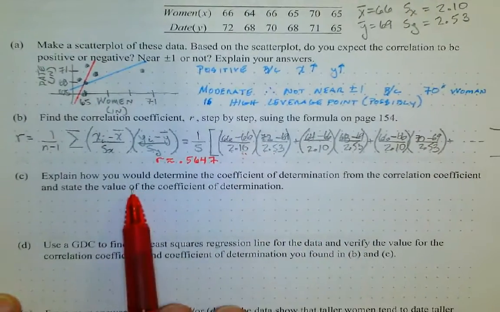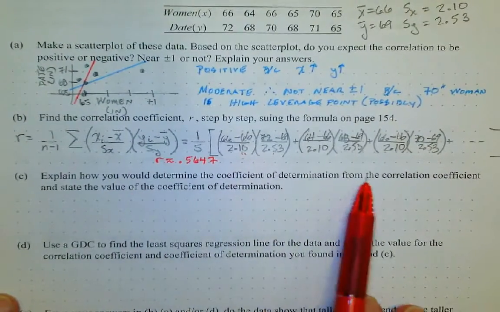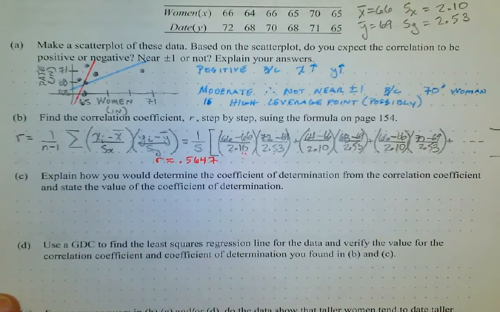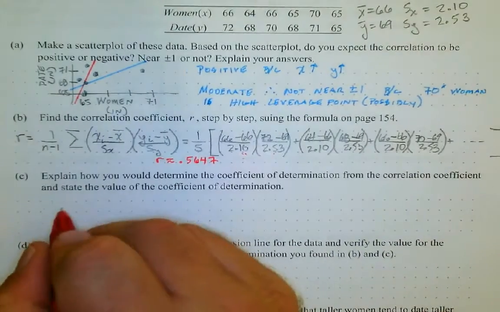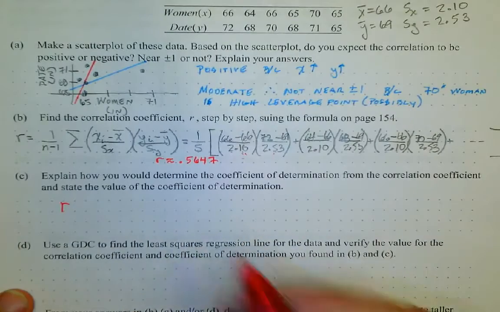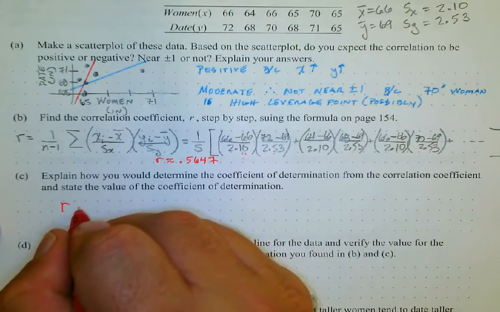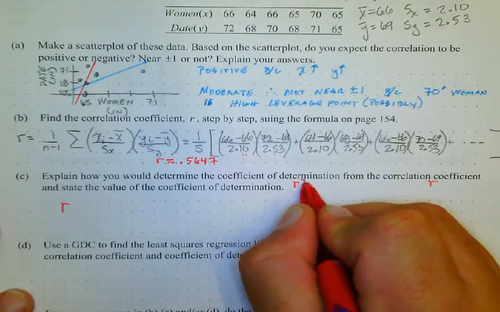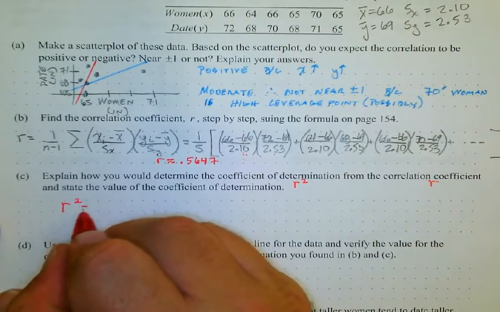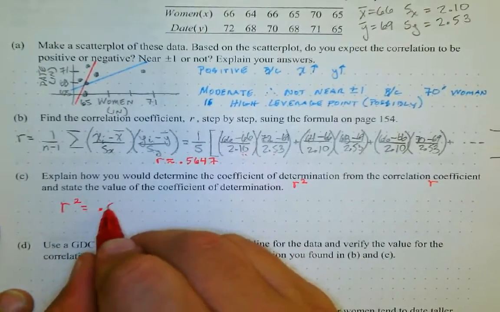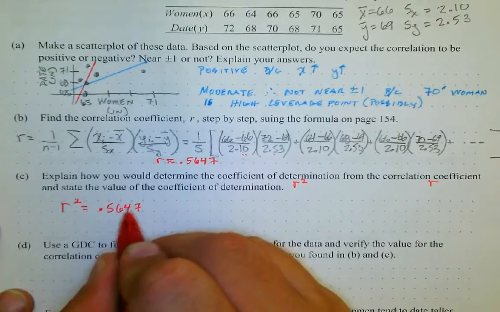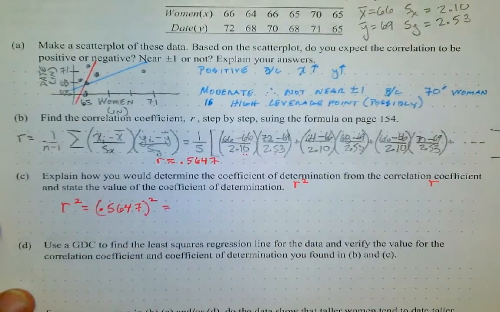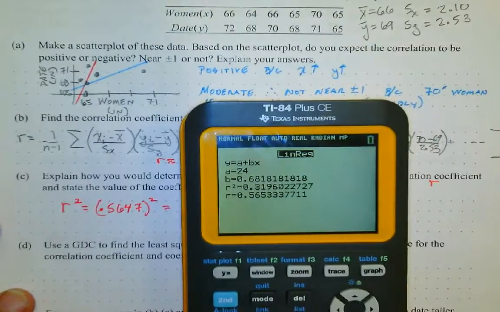Now, how would I determine the coefficient of determination from the correlation coefficient and figure out the value? Well, what do we know? The correlation coefficient is r, while the coefficient of determination is r squared. So r squared would simply be 0.5647 squared, and I know what the answer should be close to.